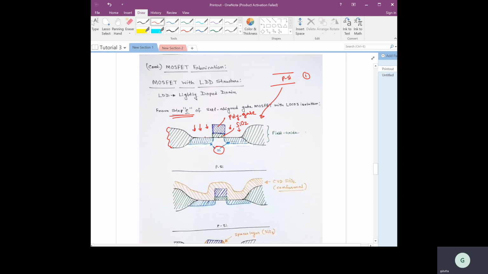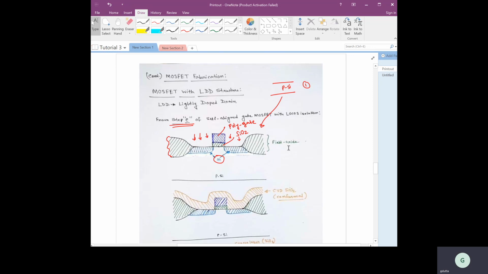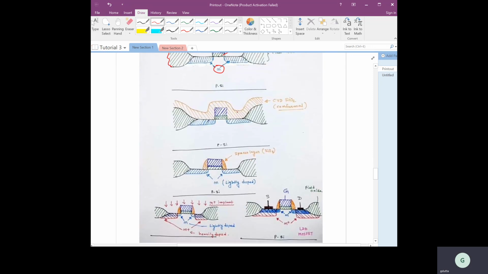So we make the implantation such that this region only forms N type. It is not very heavily doped, not 10 to the power 19 or higher, maybe 10 to the power 17 or 10 to the power 18 in that range. Fine. Once this is done, after that we cover the entire region with CVD silicon dioxide.